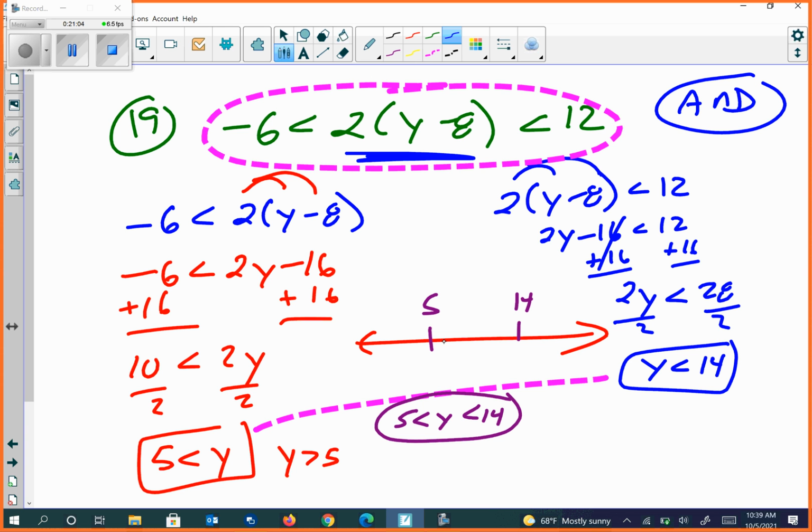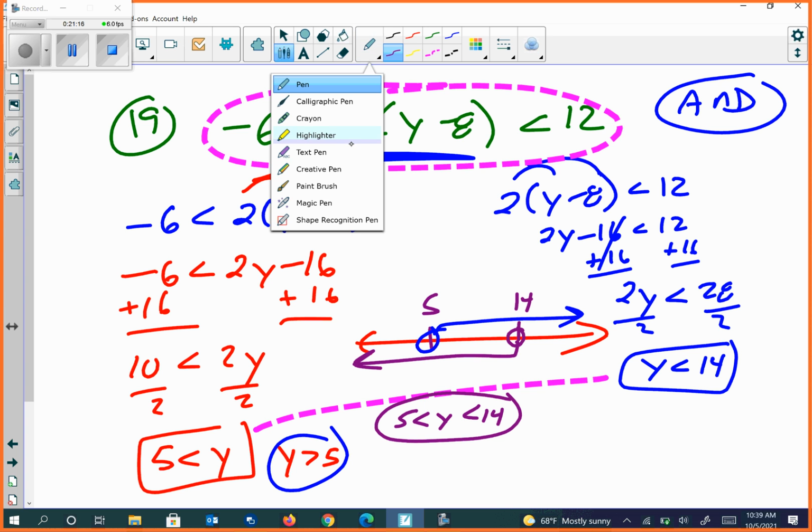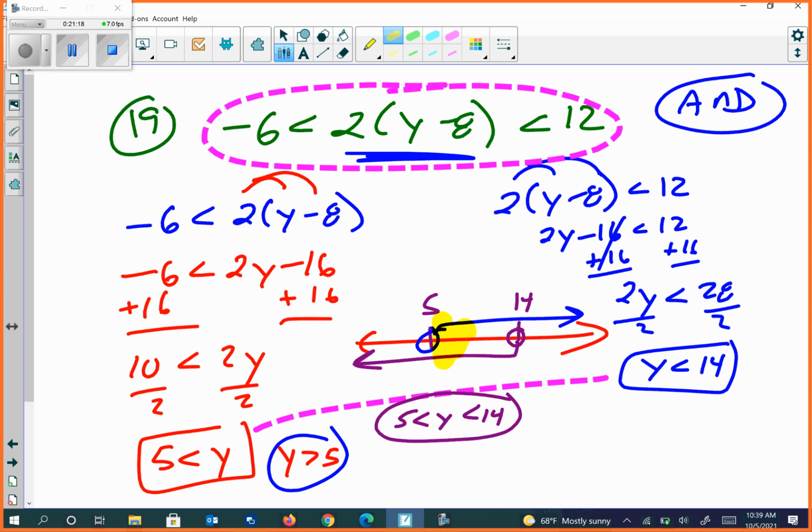So I want values greater than 5 that way. I want values less than 14 going this way. We definitely have some overlap right here. The overlap is what we want. That's what the and is. So my overlap will go from 5 to 14, both soft brackets. That's my interval notation.